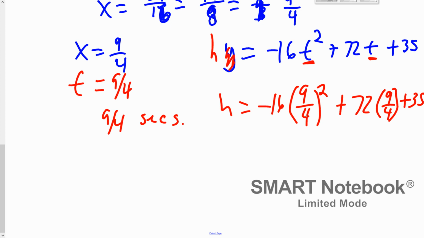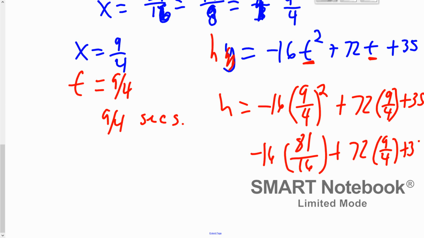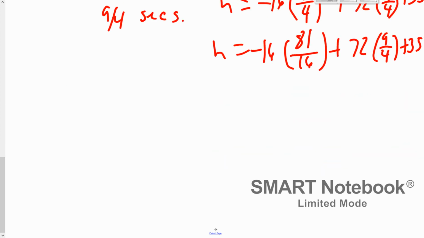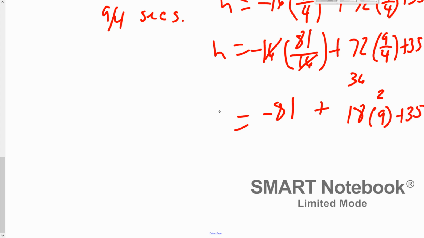equals our height. Okay, so first we got a square, so 9 times 9 is 81, 4 times 4 is 16. Anytime you can pause this video and then come back. 16 over 16, multiplying, those cancel, so I get negative 81. 72 divided by 4, so they're both even, so it'd be 36 over 2, and 36 over 2 is 18, so 18 times 9 plus 35, so I'm going to have to get a calculator for that, because I don't know that off the top of my head, but that's okay.